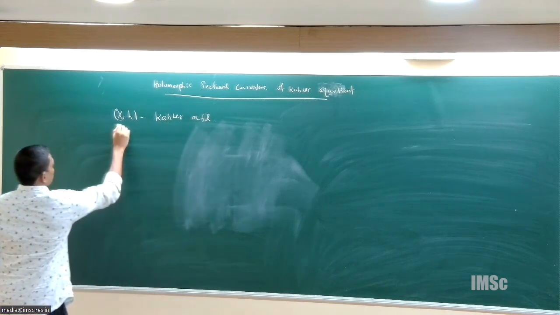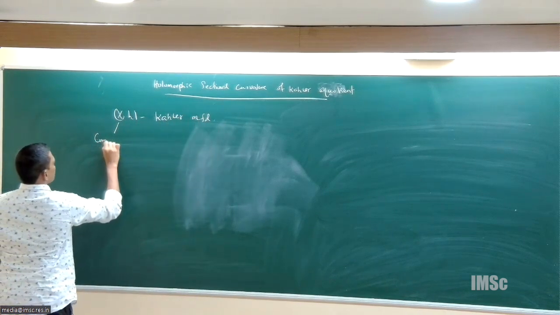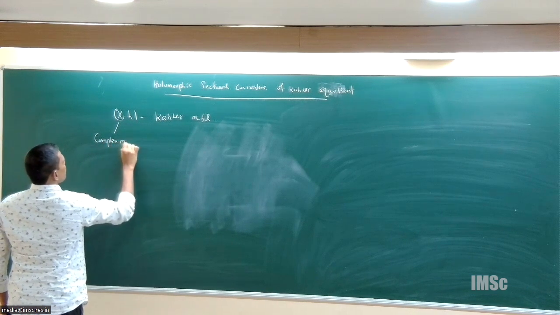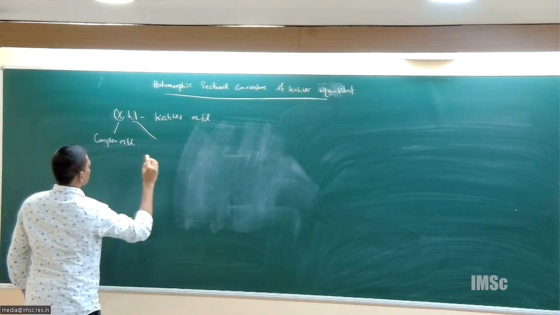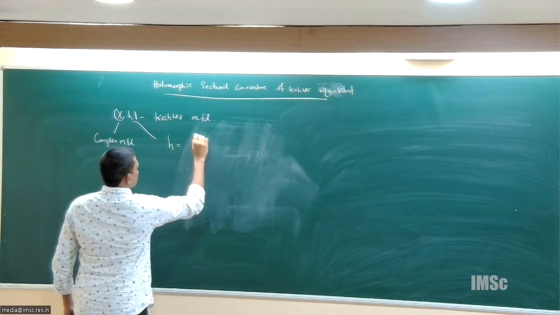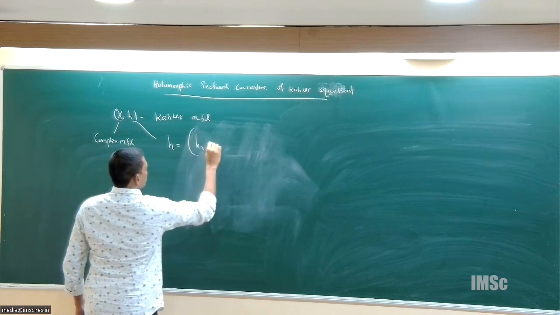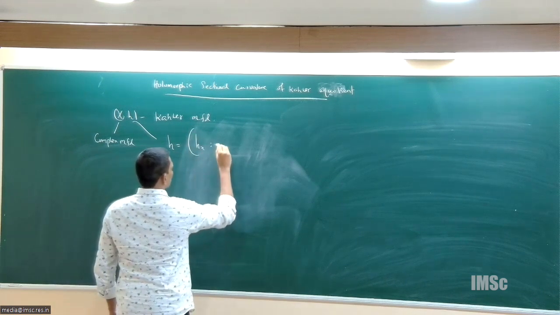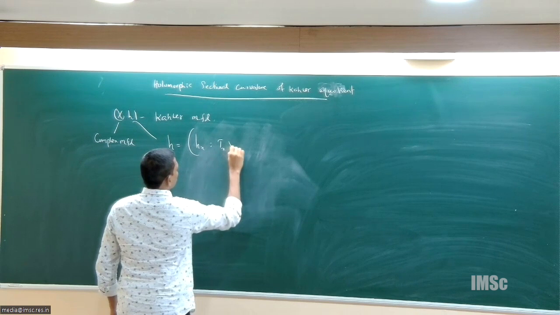That means X is a complex manifold, and this h is this family of smoothly varying complex inner products.